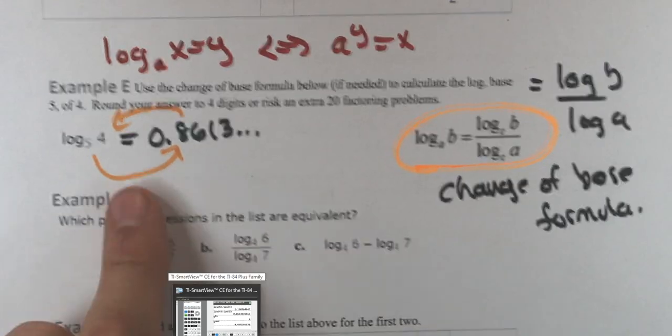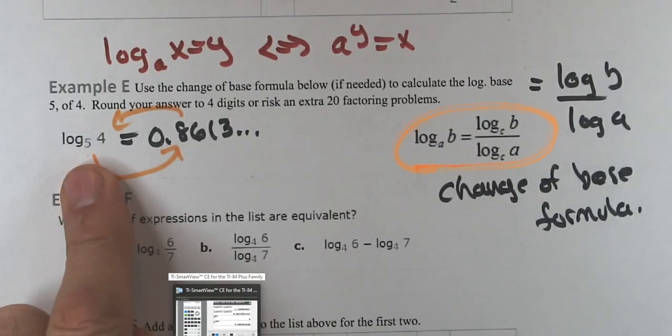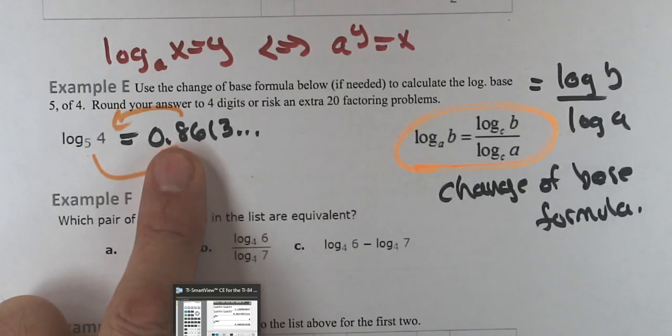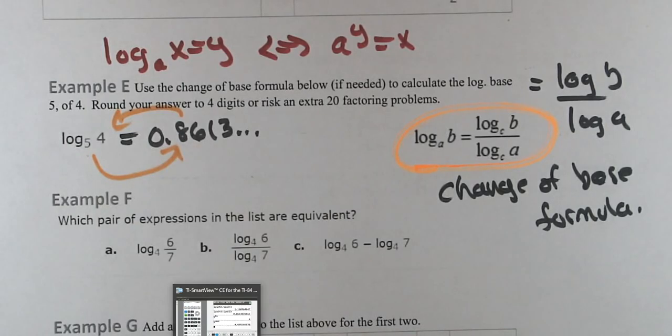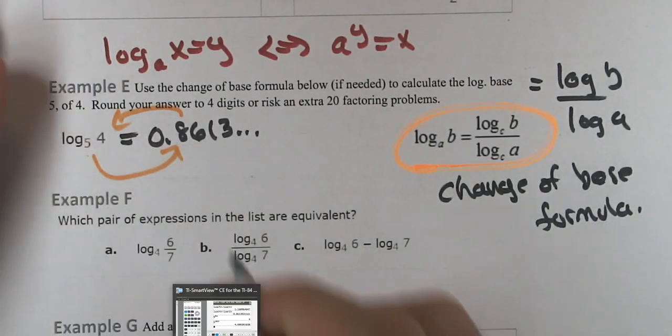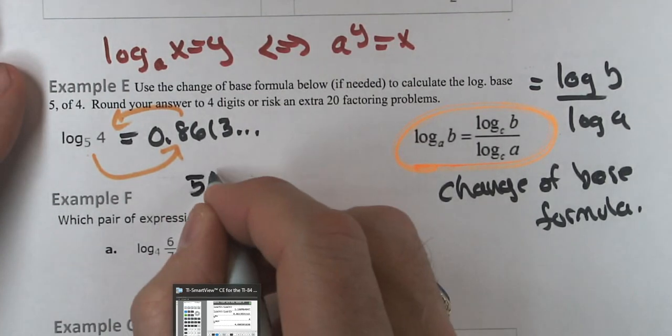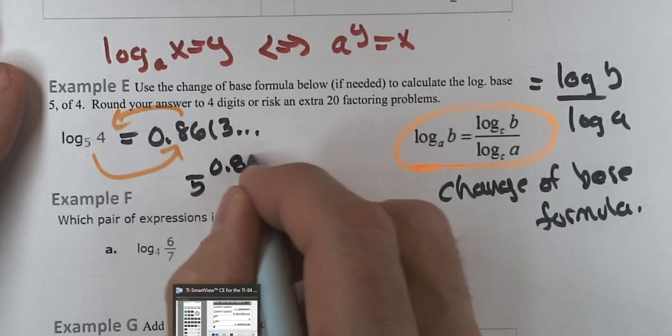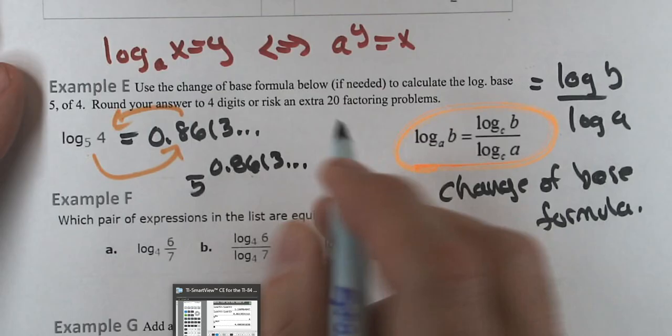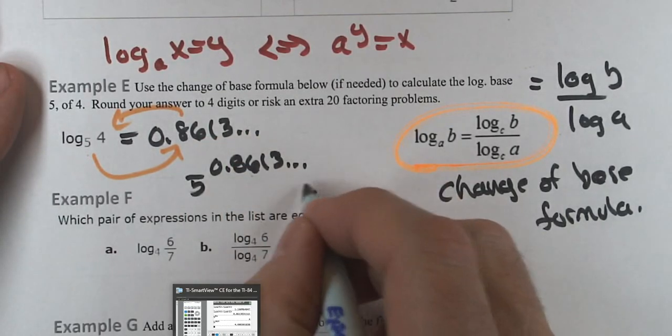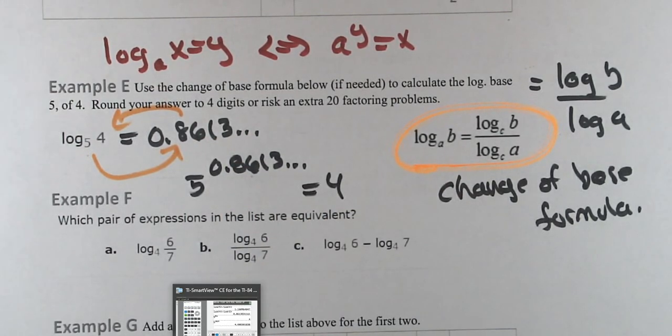All right, so you don't have to do it that way, but one thing I promise you, you will get is problems like this where you have to start with an expression with logarithms and get an expression in exponents. So the answer I'd be looking for here would be 5 to the 0.8613, and by this dot, dot, dot, I mean it continues forever, equals 4.